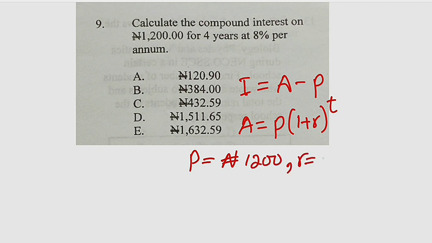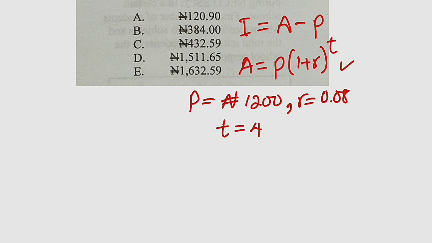Then the rate is equal to 8%, which is 0.08, because if you divide 8 by 100, it will be 0.08. And time, t, is equal to 4 years. So let's substitute everything here. The total amount is equal to the principal multiplied by 1 plus r, which is the rate, raised to the power of t.